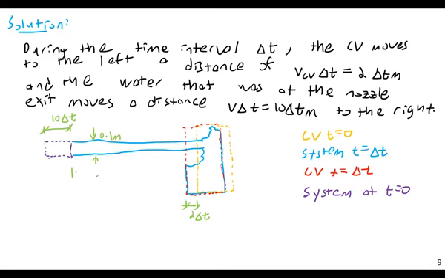And the distance from here to here is going to be 3 minus 12 delta T, and we'll get that. So that's actually at, let's see here.